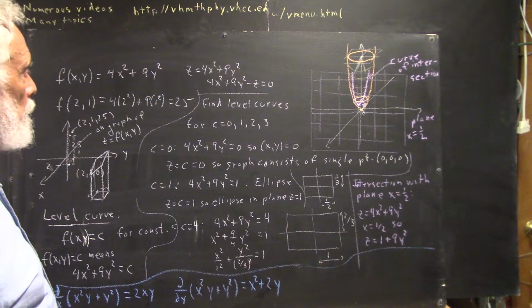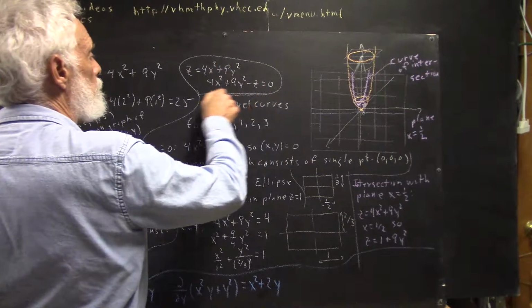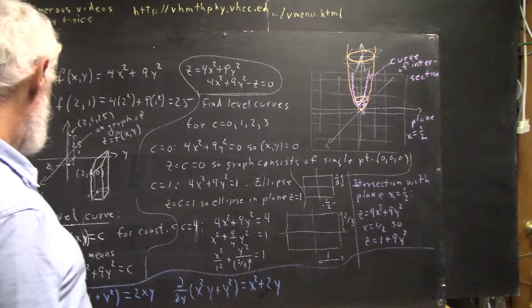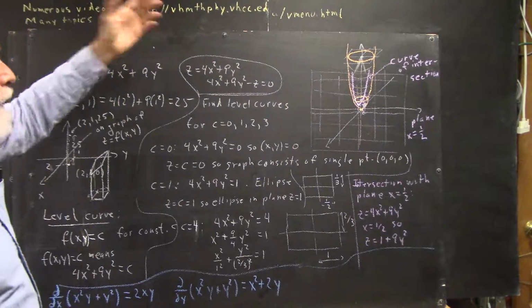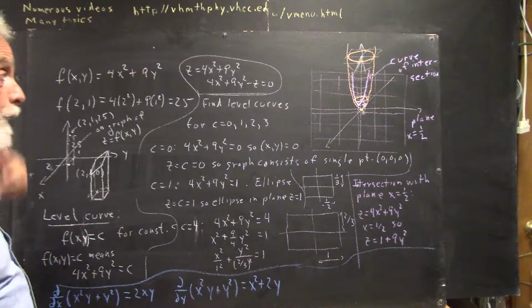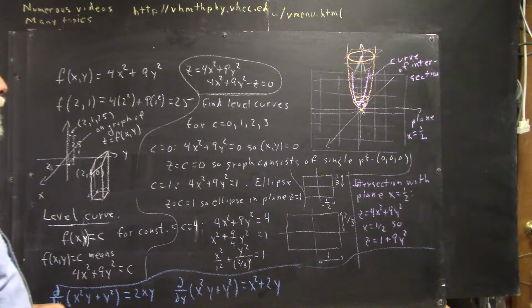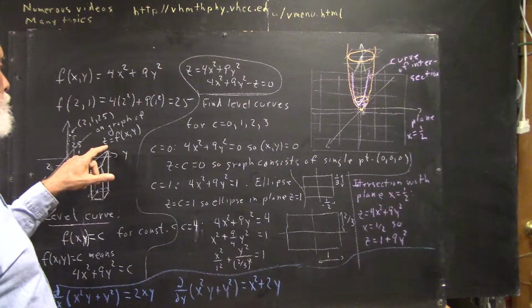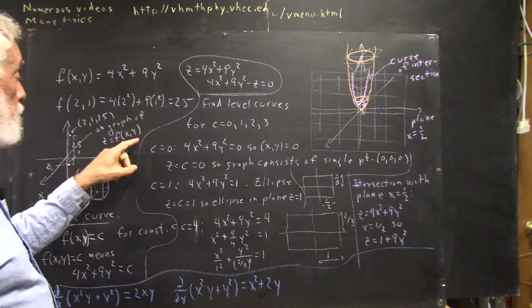Before we do that, let's identify our function, our graph. What kind of thing is our graph? Well, the graph is the set of points where z equals f of x, y.